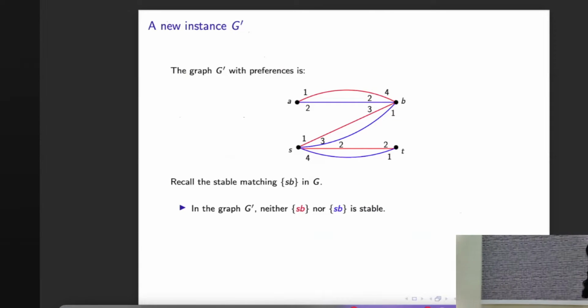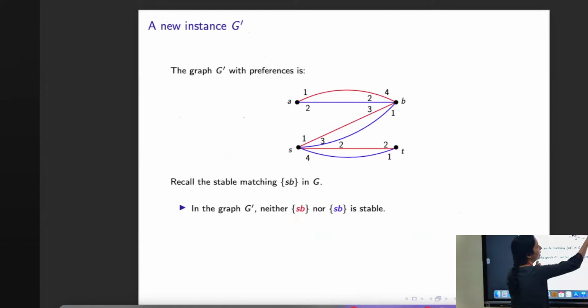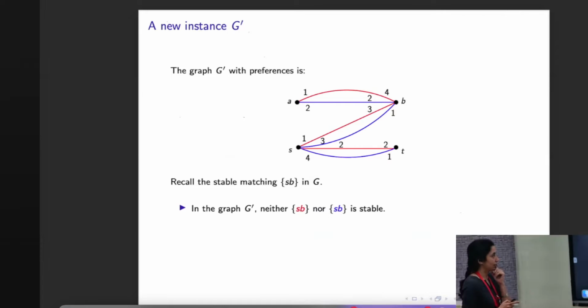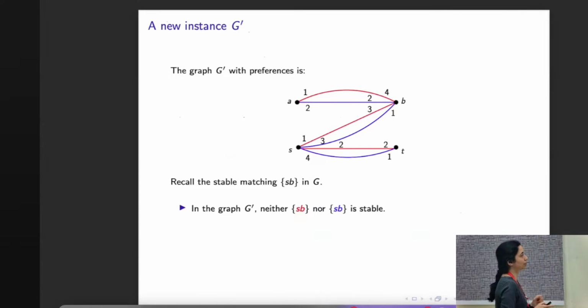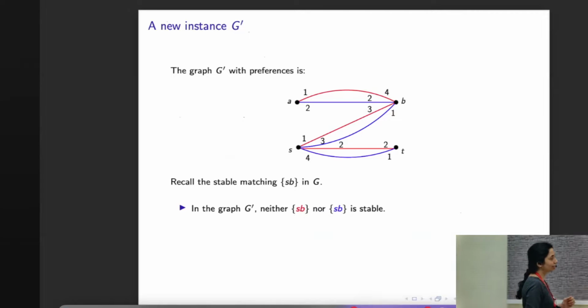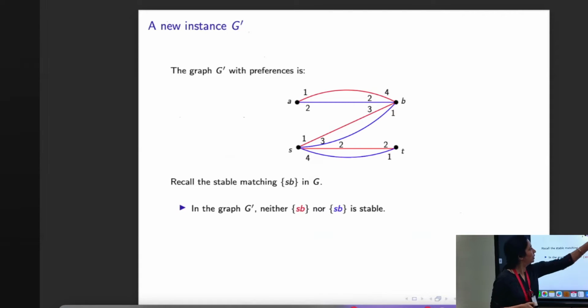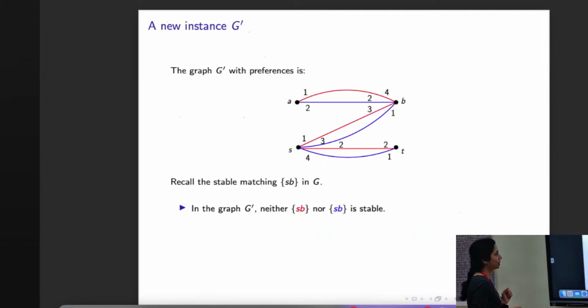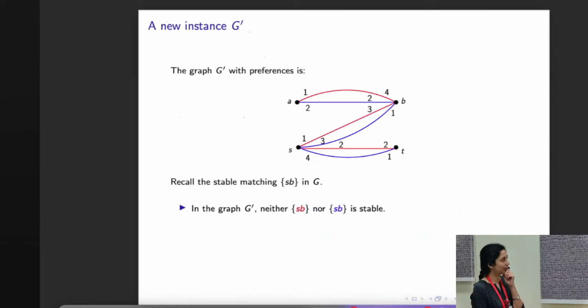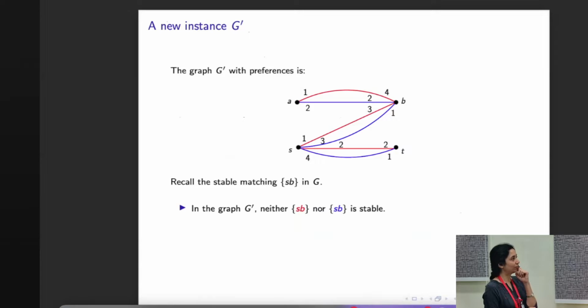Recall the original graph had only the middle edge, it had only one stable matching, that was the single edge SB. Interestingly, in this red blue graph, neither the red edge SB nor the blue edge SB is stable. Can you tell me why? Why is the red edge SB not stable?